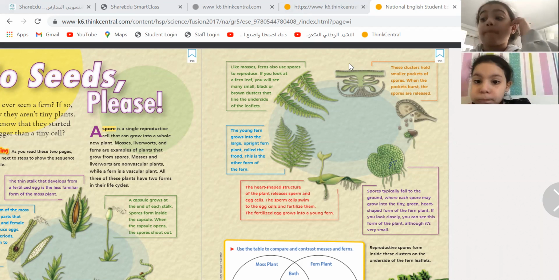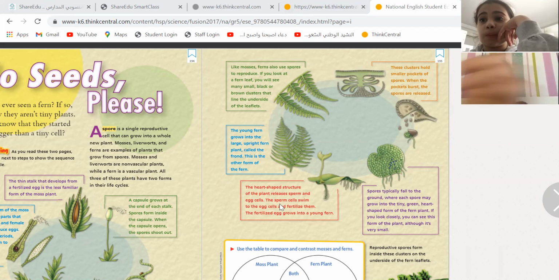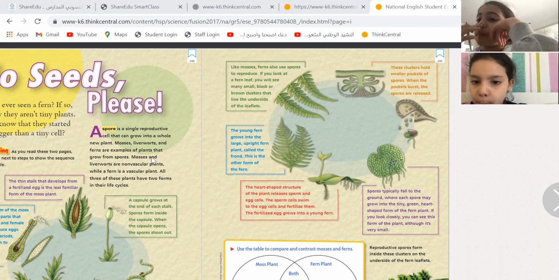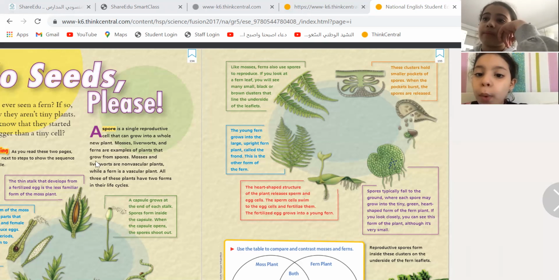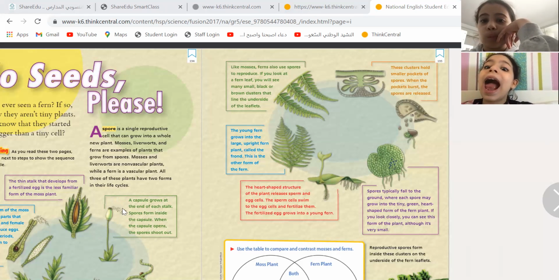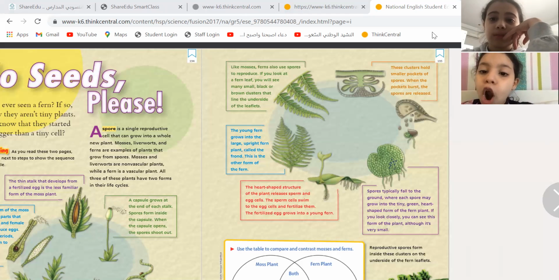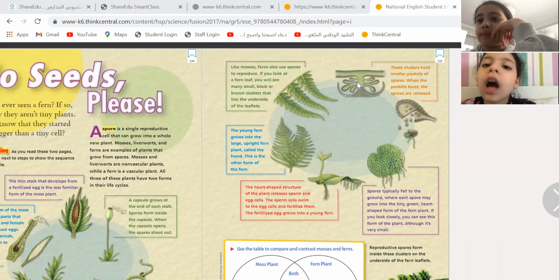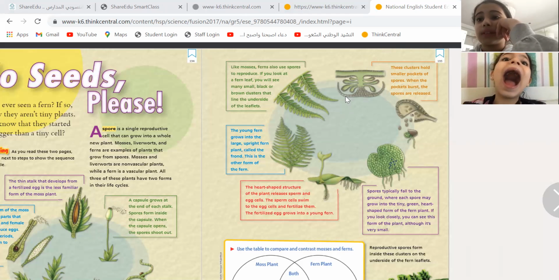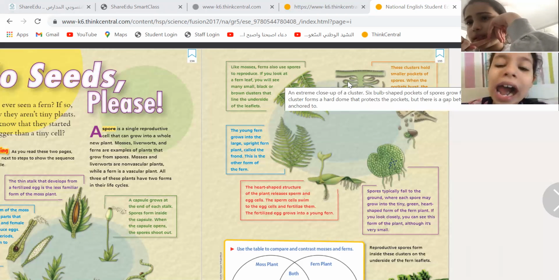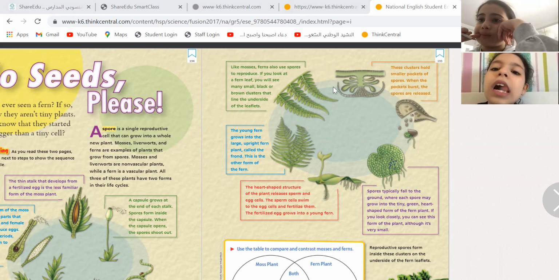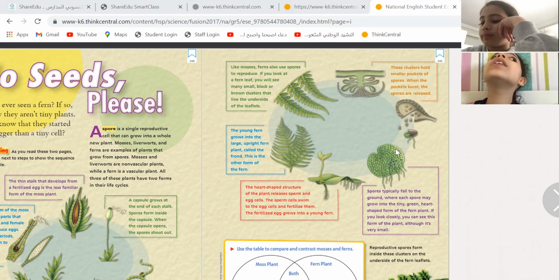Okay, so the most important thing you need to know is where spores are hidden in each one of them. In mosses, where are they hidden? In a capsule. And in ferns, where are they hidden? Clusters. Excellent.